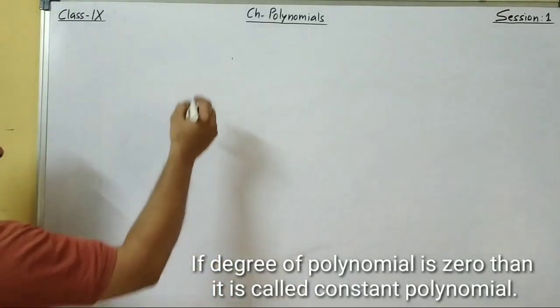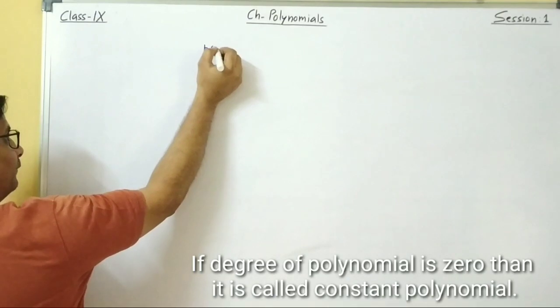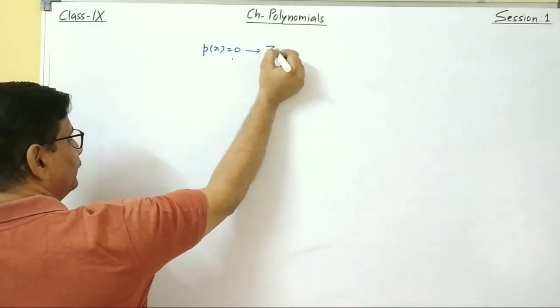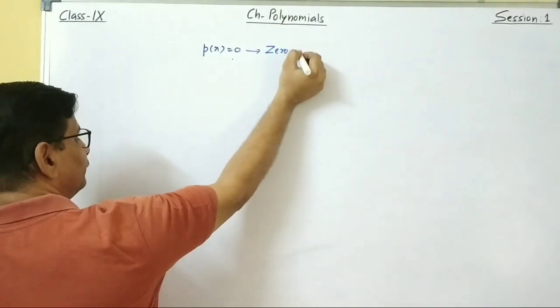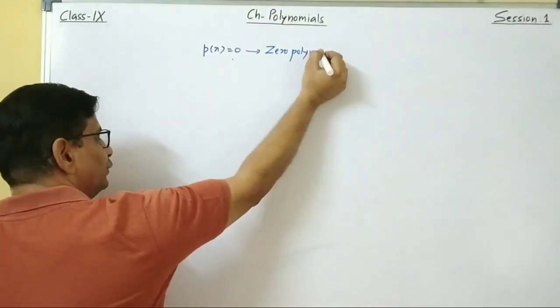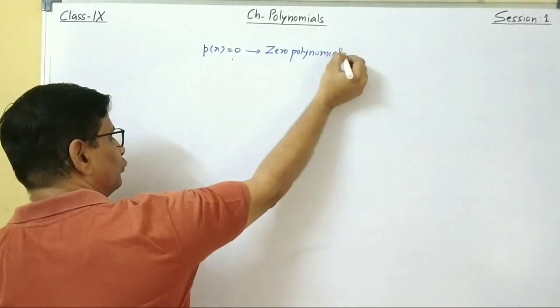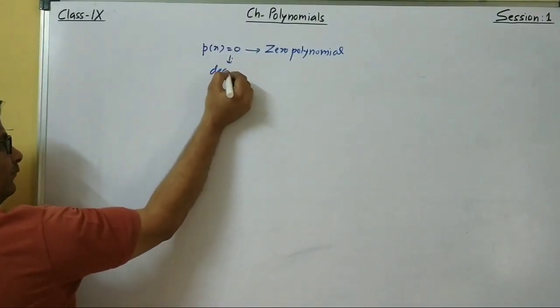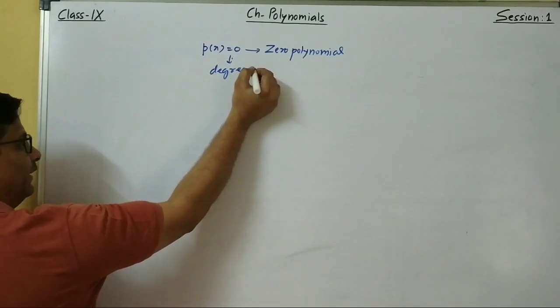But if we write like this, P(x) is equal to 0, then what we call it? We call it zero polynomial. And degree of this polynomial is not defined.